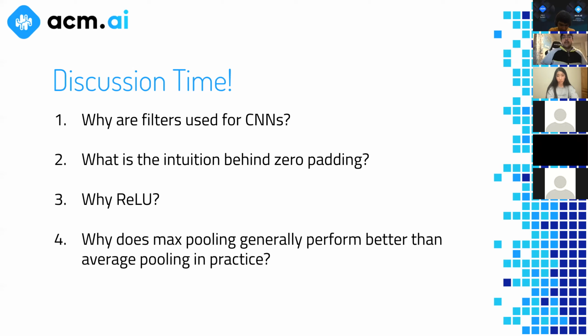So why ReLU? What's the use of ReLU in our CNN in general? Okay, so Terry put in the chat that ReLU has a larger gradient than sigmoid, so we avoid vanishing gradients.